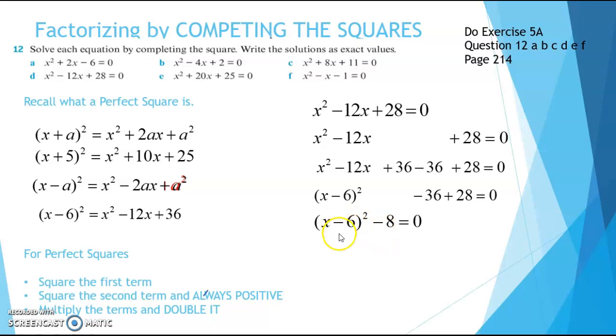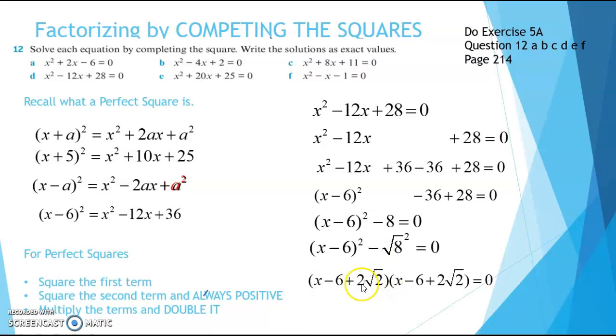And we have the situation where we can set up the difference of perfect squares if we turn 8 into a square. The square root of 8 squared is still 8, but we have set up the difference of perfect squares. By the way, remember root 8 simplifies to 2 root 2.